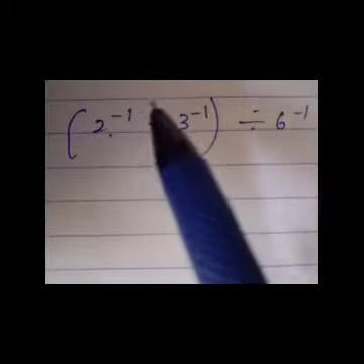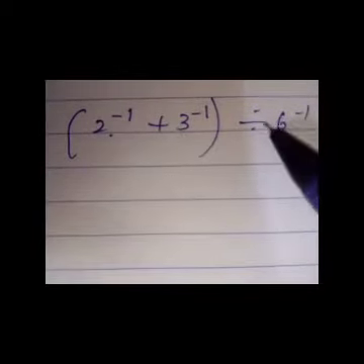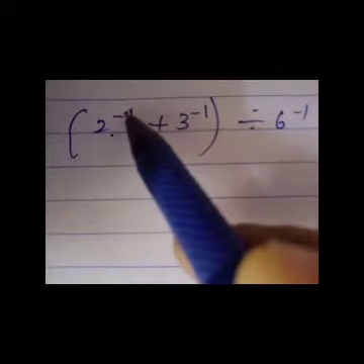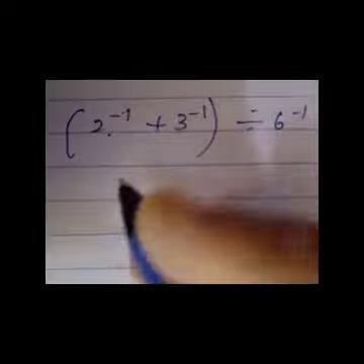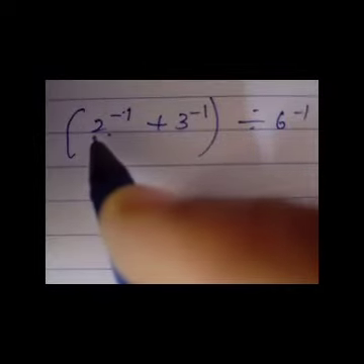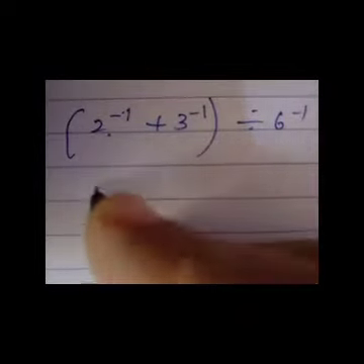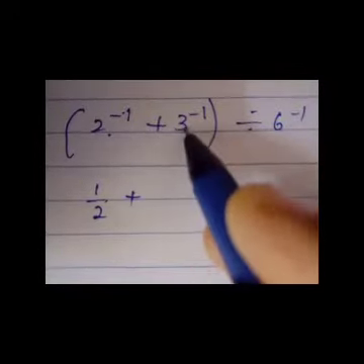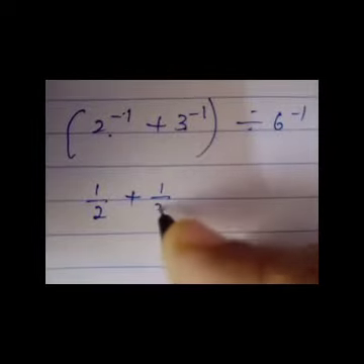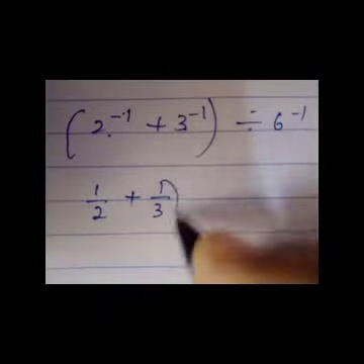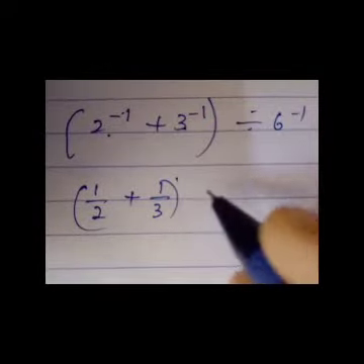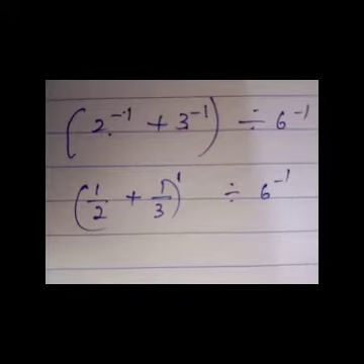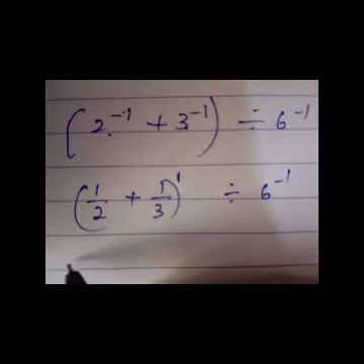Your next question is (2^-1 + 3^-1) divided by 6^-1. Here the power is negative, so you have to change it into positive by taking the multiplicative inverse. The multiplicative inverse of 2/1 is 1/2, plus 3/1 is 1/3, divided by 6^-1.